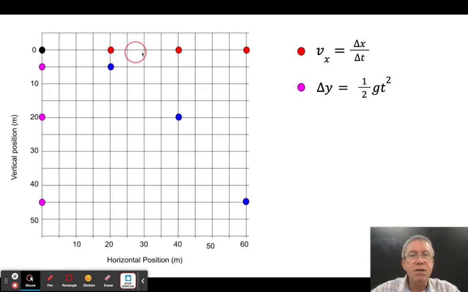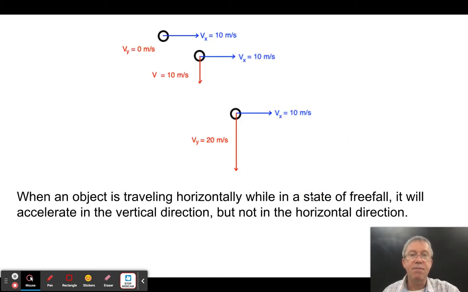After 2 seconds, it will travel 40 horizontally and fall 20 vertically, ending up here. And after 3 seconds, it will have traveled 60 here, 3 times 20, but it will have fallen 45 to here. So we see that the path taken by an object in free fall is going to be a parabola. And that's because we have both horizontal and vertical motion happening simultaneously.